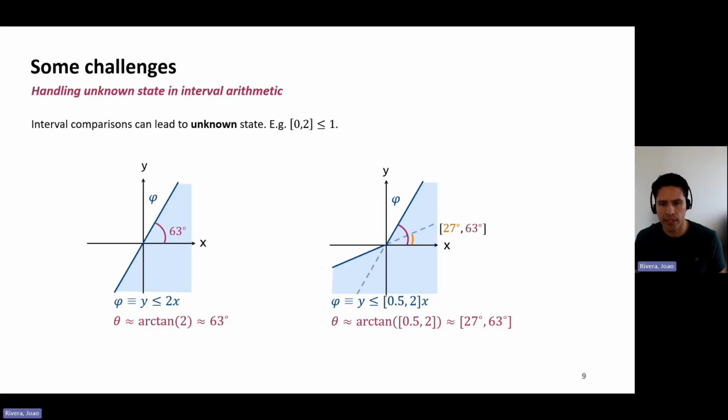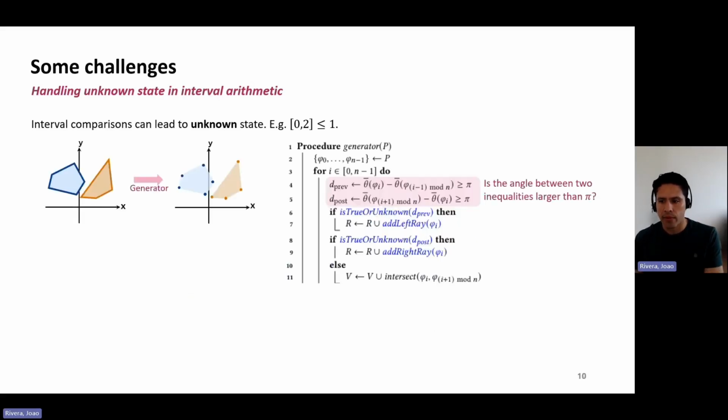What I mean by this is that not only do we have interval inequalities, but when performing the algorithms of the operators with these interval inequalities, we also end up with interval angles. This occurs, for instance, in our join operator.